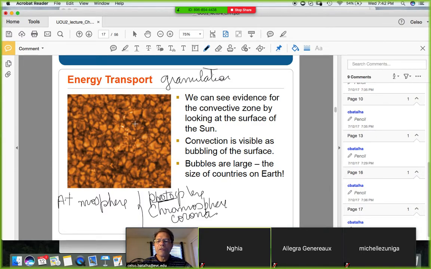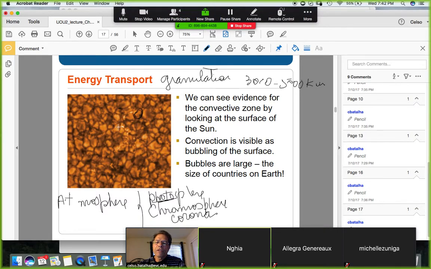So granulations, each one of these cells here has the size of 3,000 to let's say 5,000 kilometers. 5,000 kilometers is about 3,000 miles. Just to give you one idea of how large these cells are, and they are short-lived.